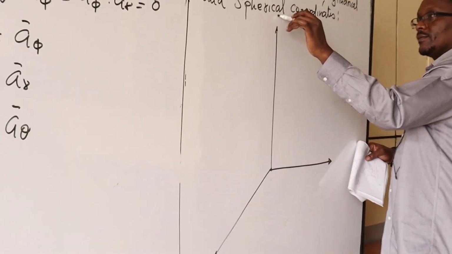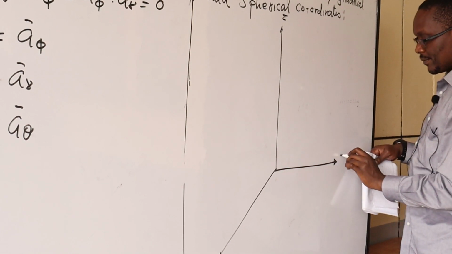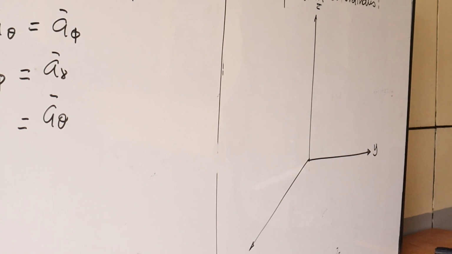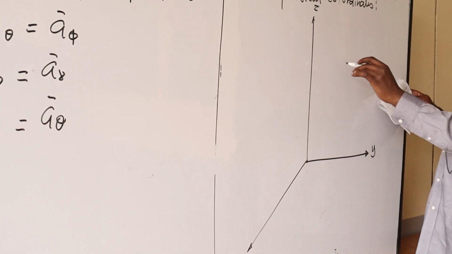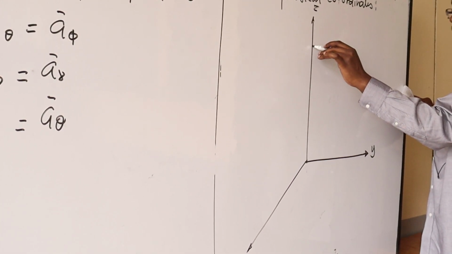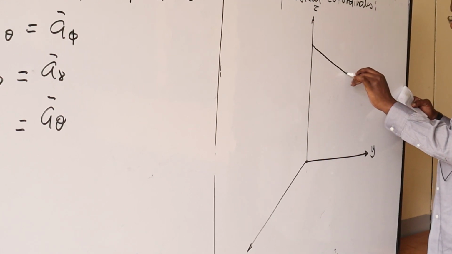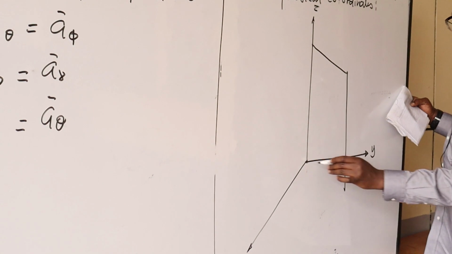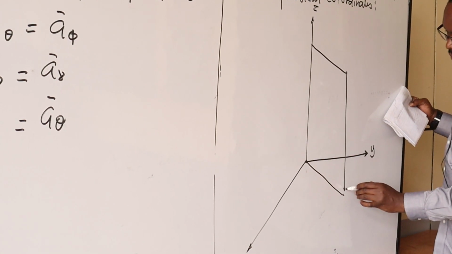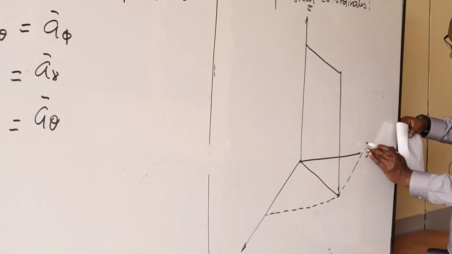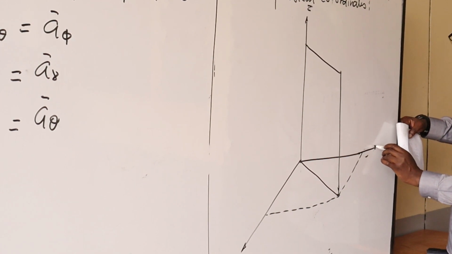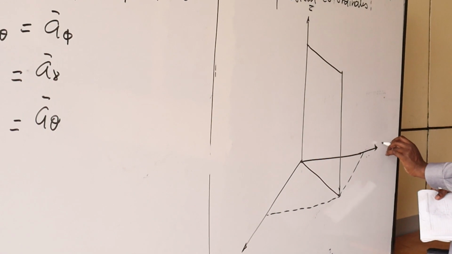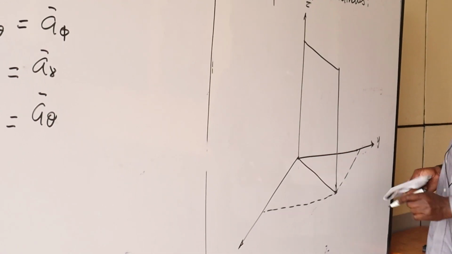So still we have Z, we have Y, we have X. So we want to draw that. So this is y-axis, z-axis, that.